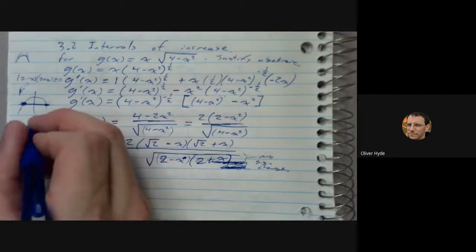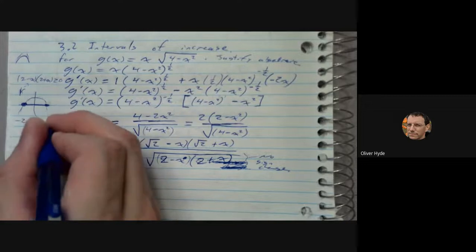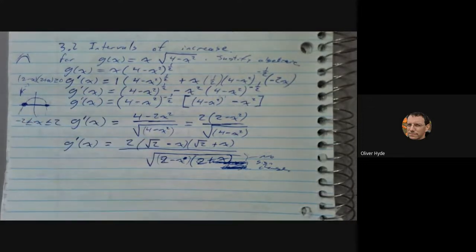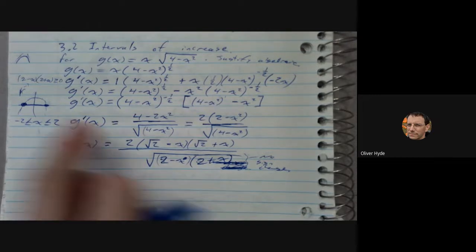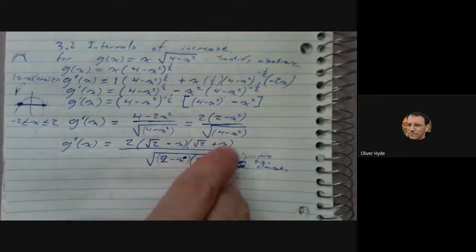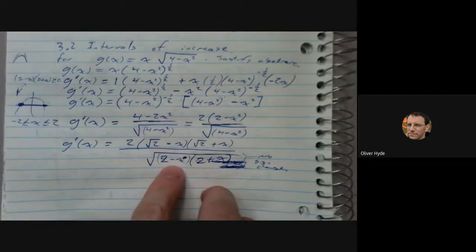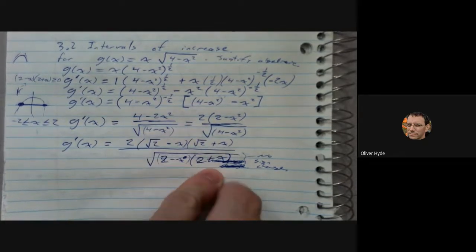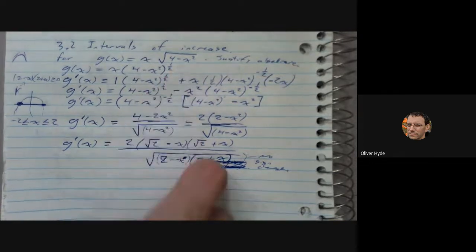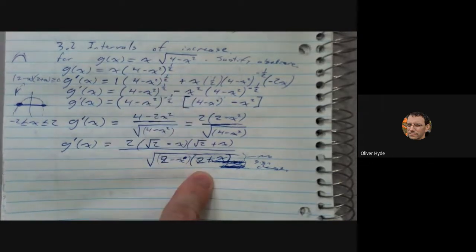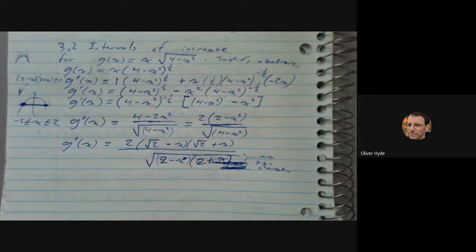So the domain of this function is restricted. It only exists between negative 2 and 2. So I'm not going to be doing a factor interval chart from negative infinity all the way to positive infinity here either. But it's key for me to understand that even though I don't see a sign change at 2 or negative 2, the derivative is not going to exist at those instances.